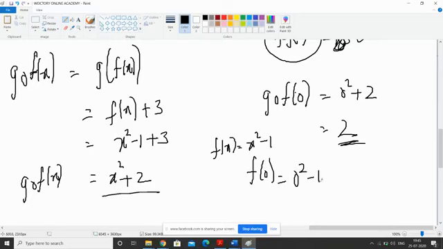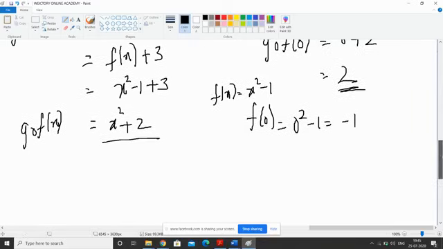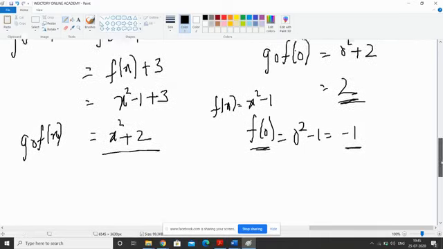0 square minus 1, which will give you minus 1, and now this f(0) we will put in g(x).